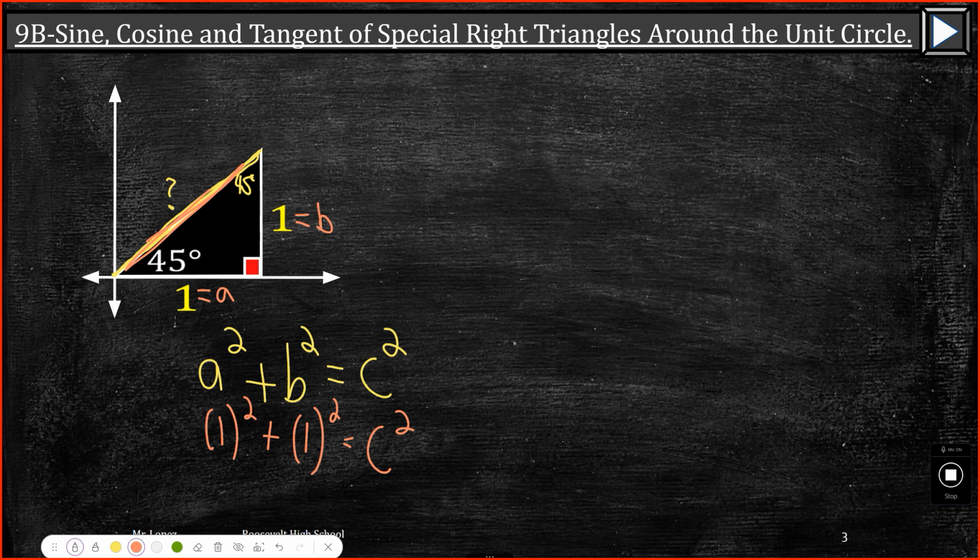What is 1 squared? 1 times 1 is 1, plus 1 is equal to C squared. 1 plus 1 is what? 2. And it's equal to C squared.